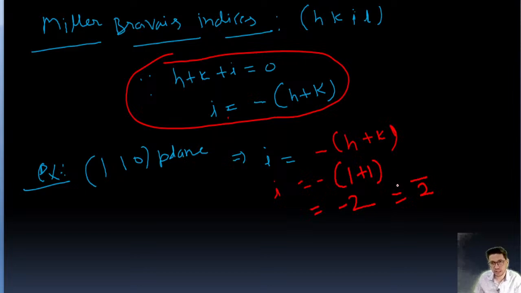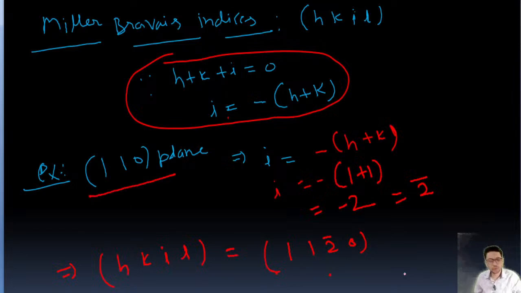In Miller indices we don't write negative; if a negative term is there, we write a bar over it. So the Miller-Bravais indices are going to be H K iota L, which is H is 1, K is 1, iota is 2 bar, and L is 0. So this is the Bravais lattice indices for this plane. I hope you have understood it, guys. Very simple. Okay, next.